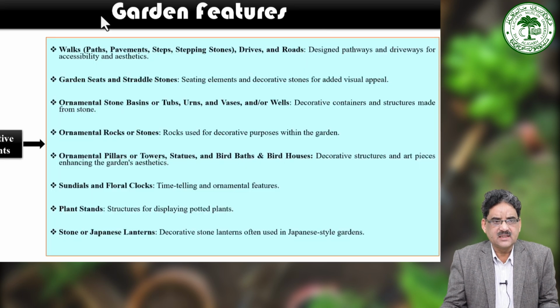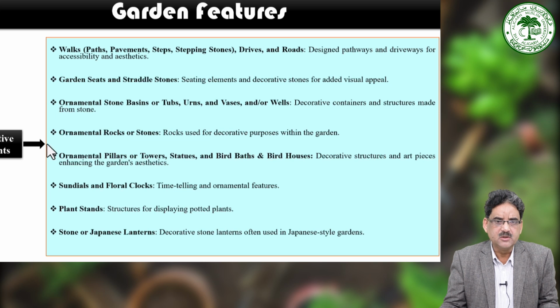The fifth one is the decorative elements, which includes the walks, that is path, pavement, steps, stepping stones, drives, and roads. It also includes the garden seats and straddle stones. Then we have another group, that is ornamental stone basins or tubs, urns, and vases, and wells.